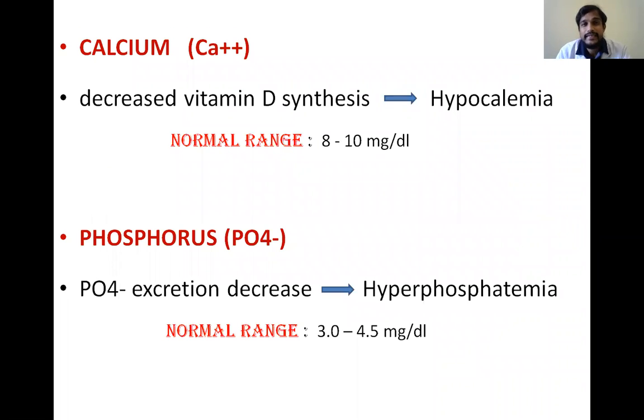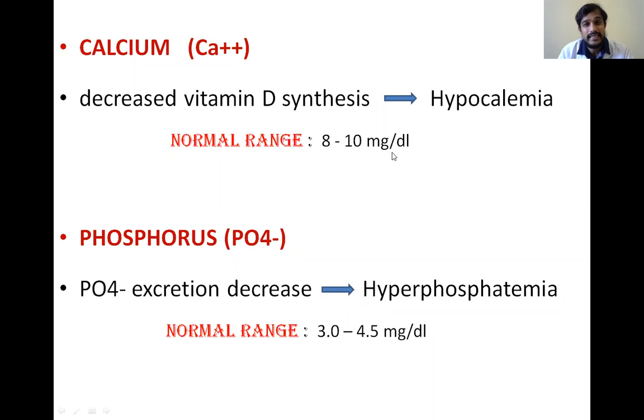And coming to calcium, we know calcium excretion is also decreased in renal failure. But in renal failure, there is decreased vitamin D synthesis, which is necessary for the formation of calcium. So when there is decreased vitamin D synthesis, it leads to hypocalcemia.